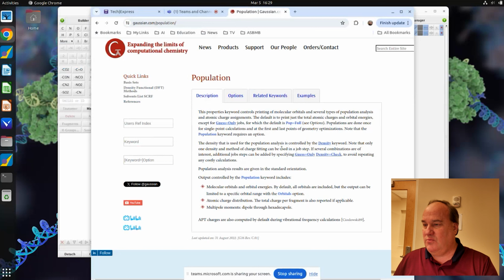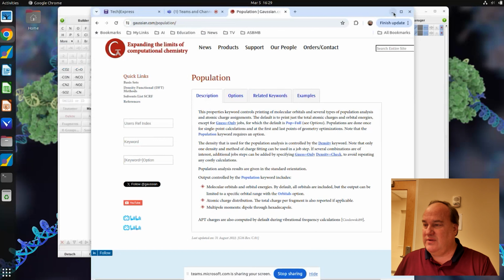So populations are done once for single point calculations and at the first and last points of geometry optimizations. Note that the population keyword requires an option. And the density that's used for population analysis is set by the density keyword. We're not using that, so we're not going to worry about the density. Population analysis results are given in standard orientation, and so the output controlled by this is molecular orbitals and the orbital energies, atomic charge distribution, and multipole moments.